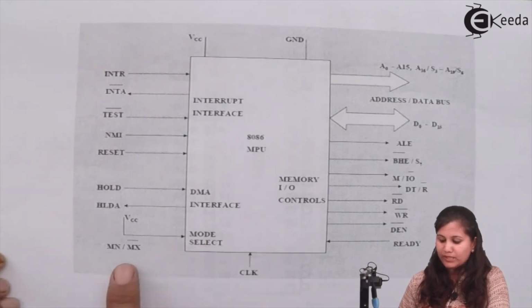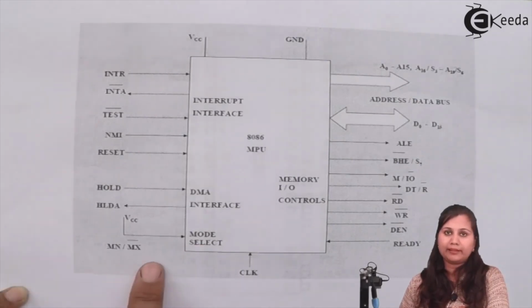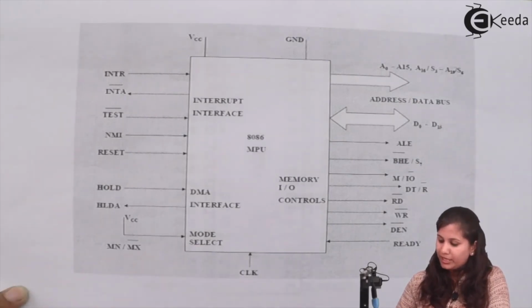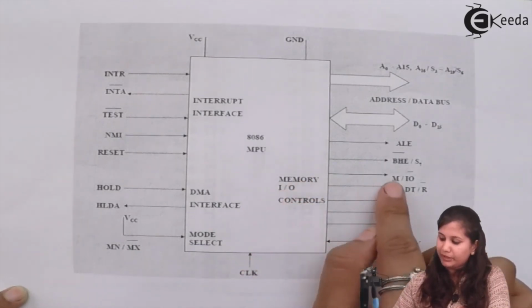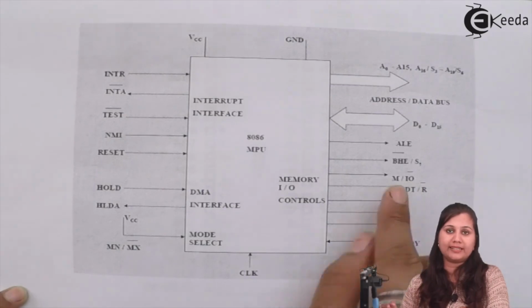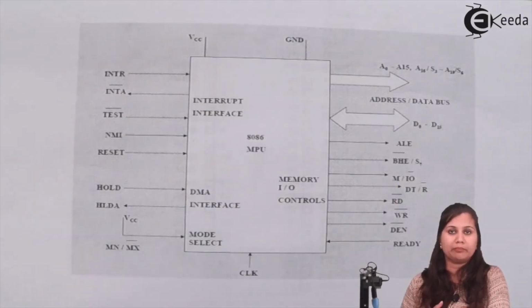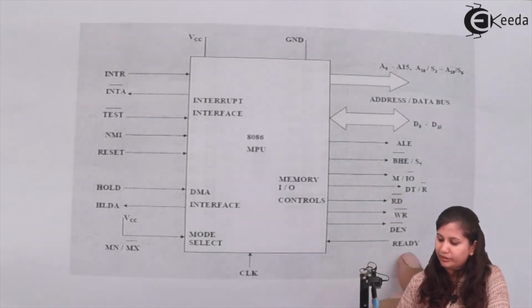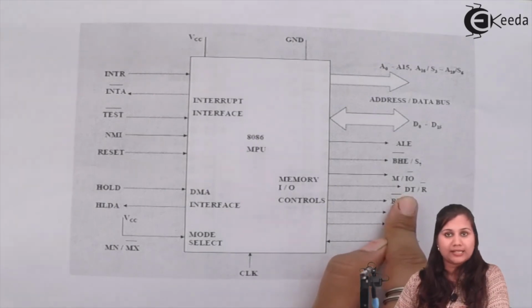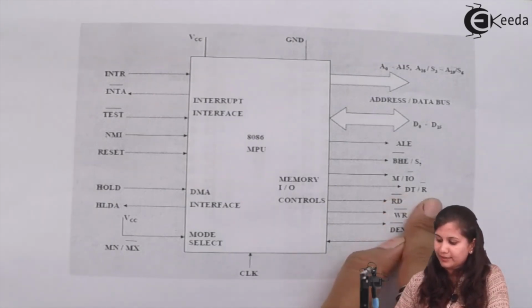Then we have the mode select signal, which is the minimum and maximum mode selection. Then we have memory input output controls, like the M/IO signal, which decides whether the operation is a memory operation or an input output operation. Then we have read, write, data enable, ready signal, data transmit and receive signal.